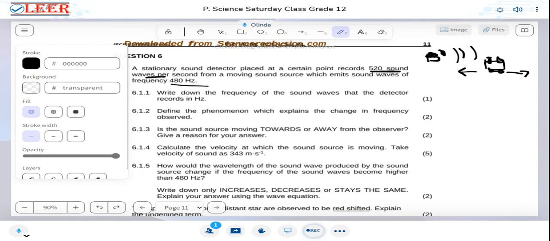Write down, so 6.1.1, okay, it says write down the frequency of the sound wave that the detector records in hertz. Okay, so that is given. If it records 520 sound waves per second, that is 520 hertz. Frequency is waves per second, so that is already given.